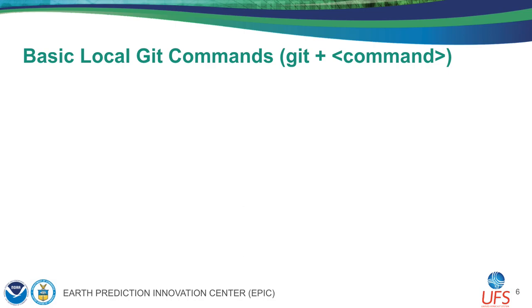Now we'll look into basic Git commands for the local Git commands. git config will help you to configure your Git experience, your username, your email, that could be attached to the commits that you do, and will go into records of the repository, and could be seen on GitHub as well if you contribute to somebody else's repository.